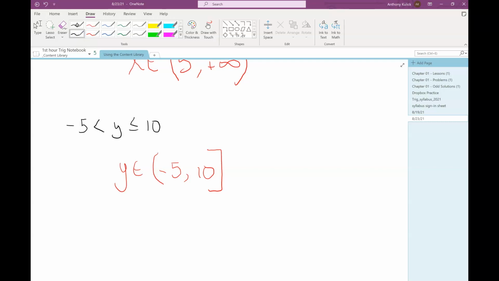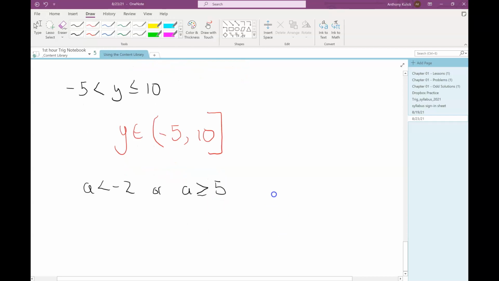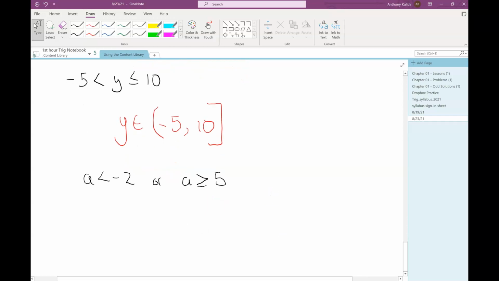Okay. One more example of intervals before we move on. This one's a little bit different because this is an OR inequality.